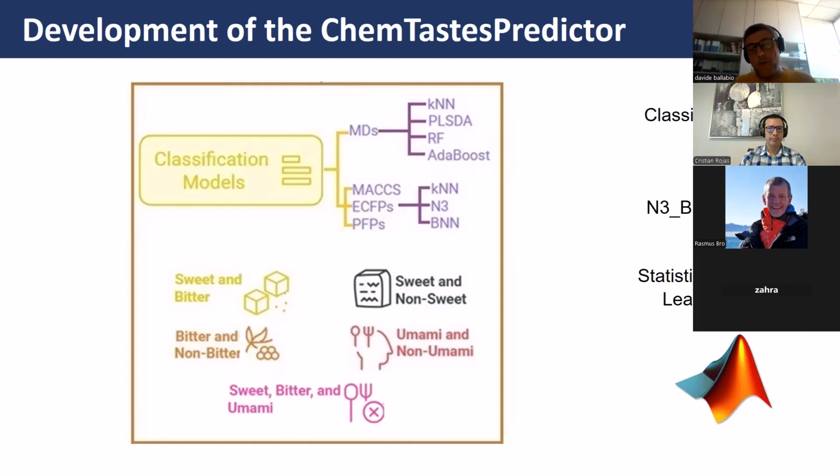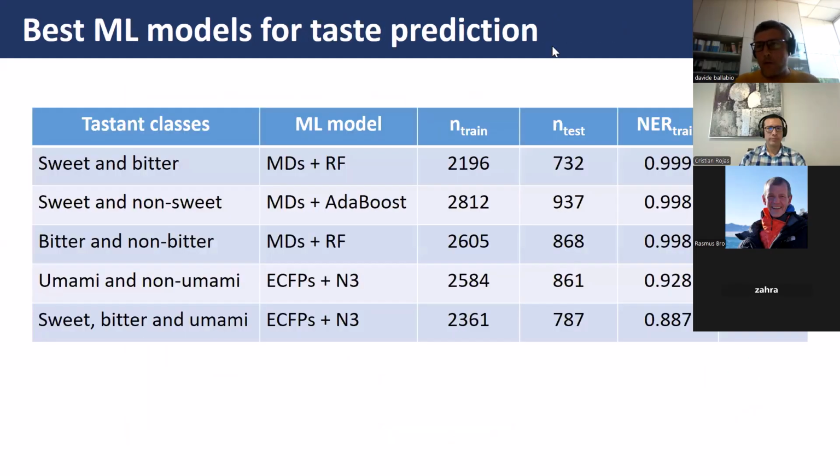So we tried different approaches to see if the classification task was easy or not, so if we could separate classes with a linear approach or not. And we tried to model different tasks, for example, to separate sweet and non-sweet chemicals, umami and non-umami, sweet and bitter, and so on. And the results actually were quite good. Of course, we did a lot of validation.